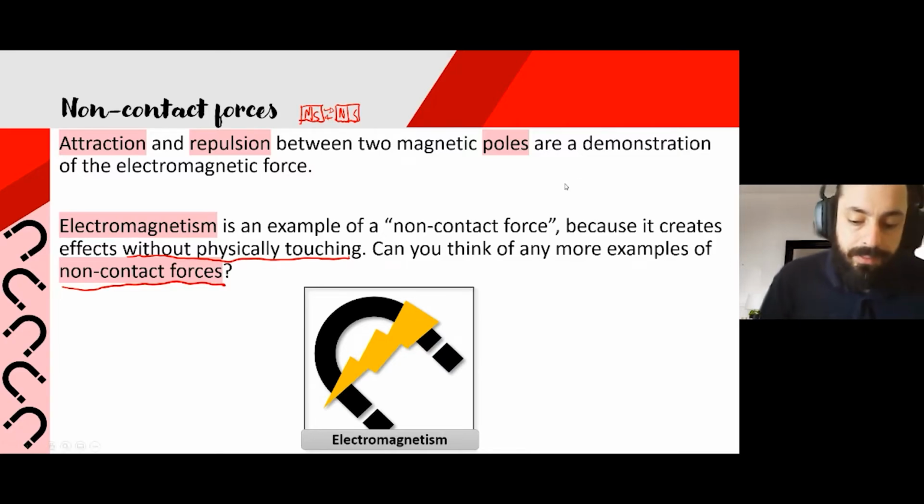Write down in Microsoft Teams chat one more example of a non-contact force. Okay, I'm gonna give you a few examples and then you can choose. Pushing a box. Gravity.